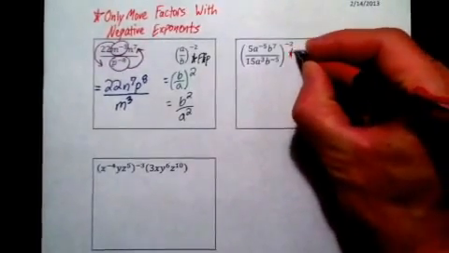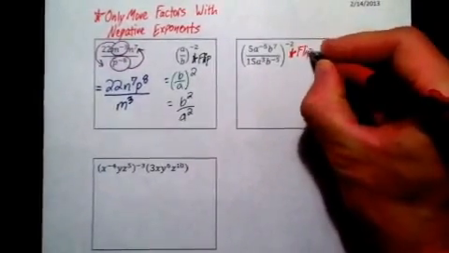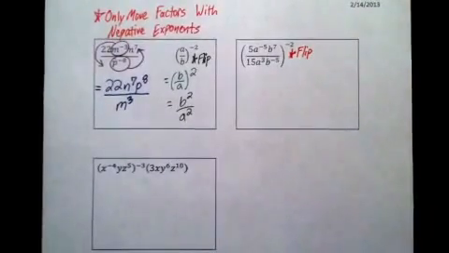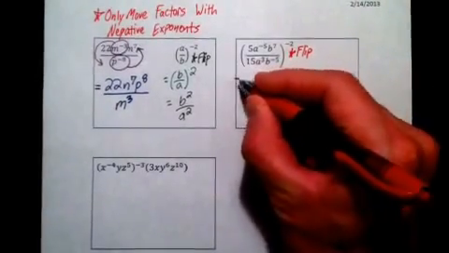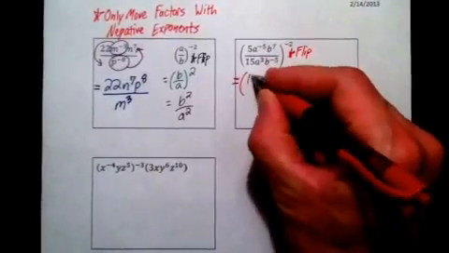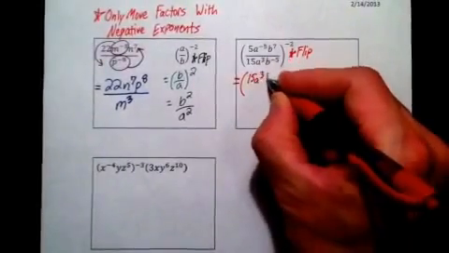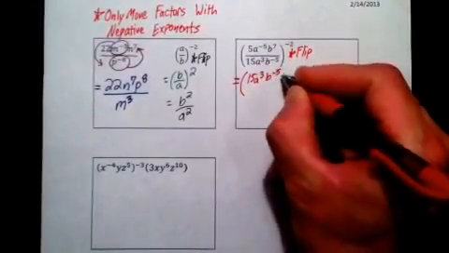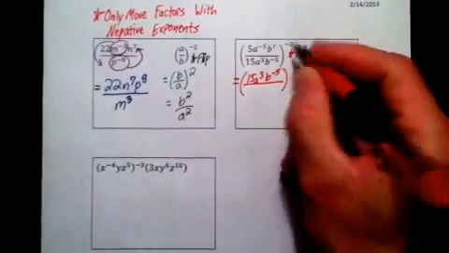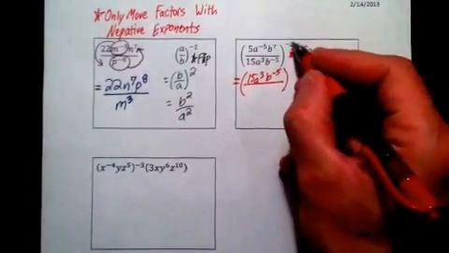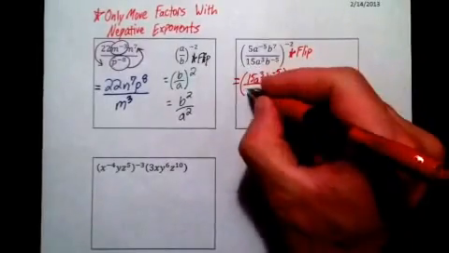Let's flip it. So doing so, we would end up having 15a to the 3rd, b to the negative 5. And then we don't change that to a positive yet, because all we're doing is what's going to make this exponent change to a positive.